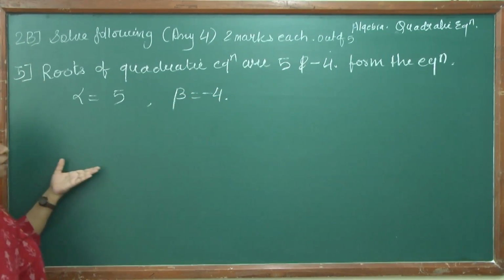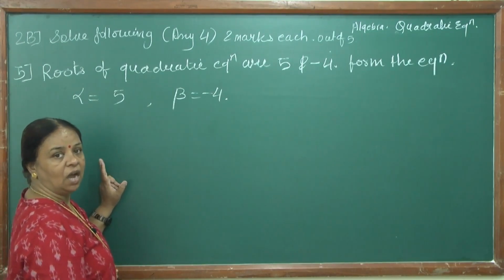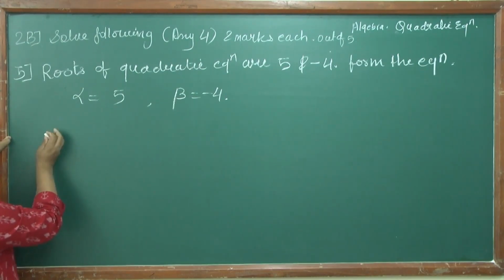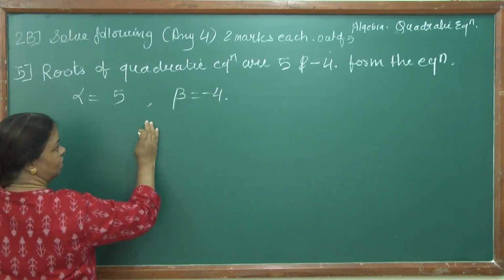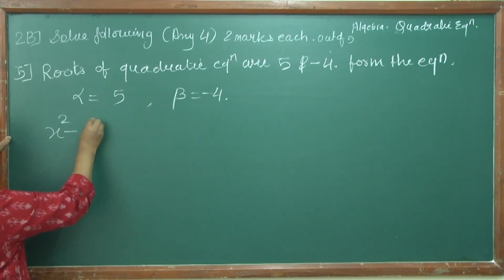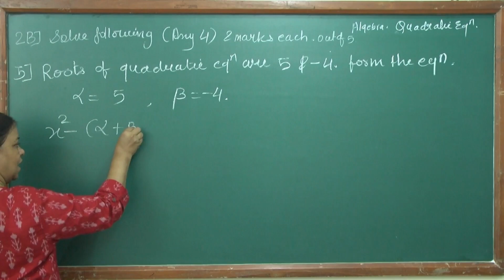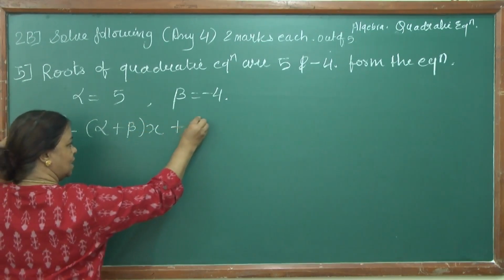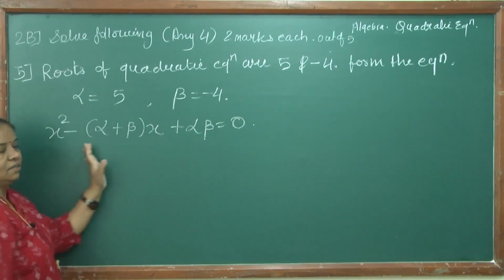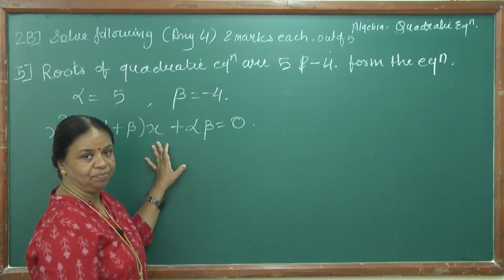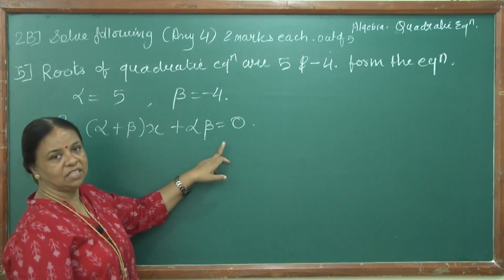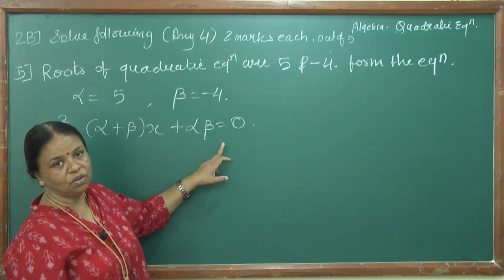Now I told you earlier how to form the quadratic equation. The formula you must remember: to form the quadratic equation when the roots are given, the formula is x square minus alpha plus beta into x plus alpha into beta is equal to 0. Children, just practice it by writing it 5 to 10 times. Once you practice, you will not forget.